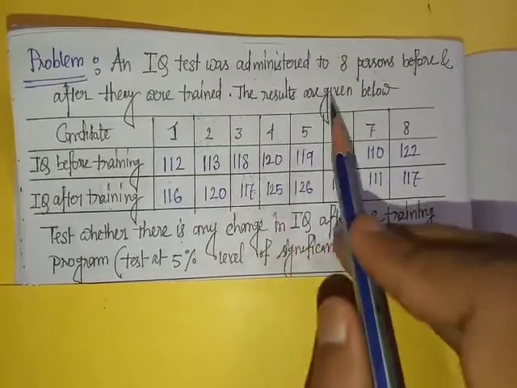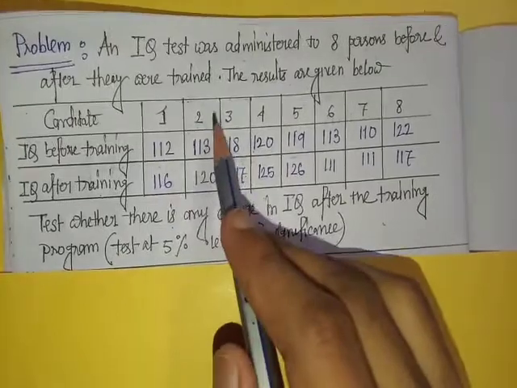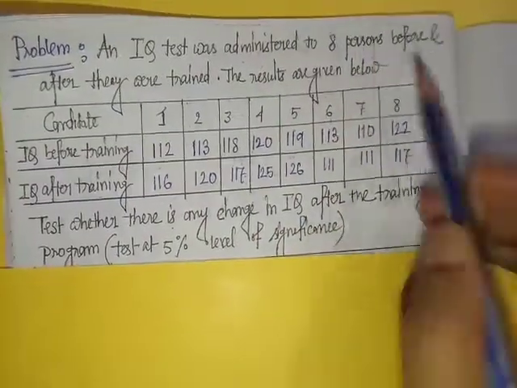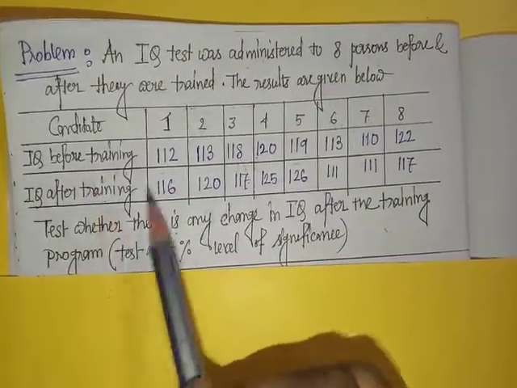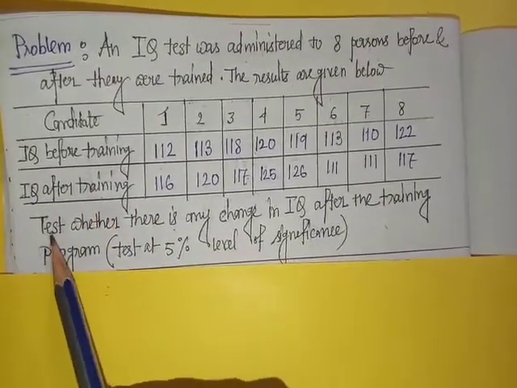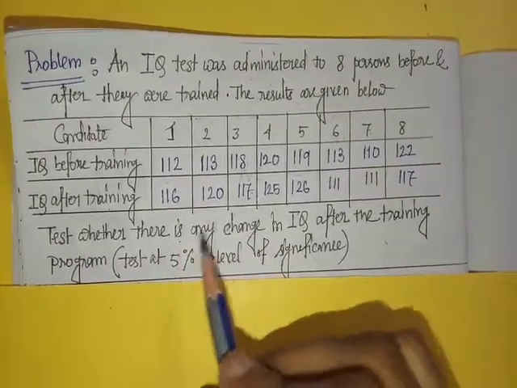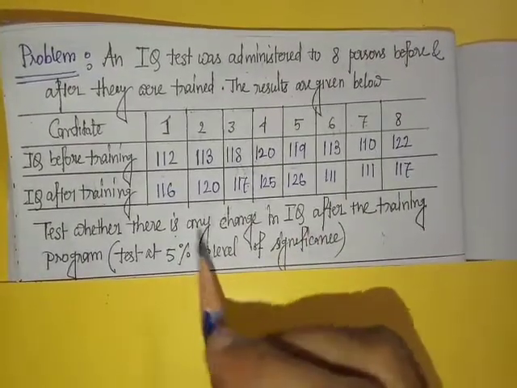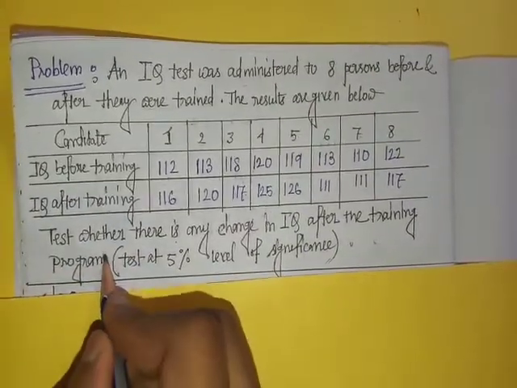The results are given below for the first through eighth candidate: IQ before training and IQ after training. The question is, test whether there is any change in IQ after the training program. Test at 5% level of significance.